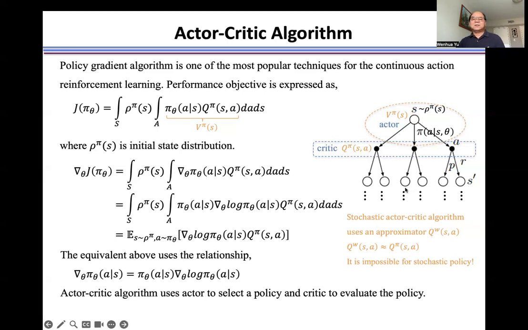However, the condition is too strict, so it's not really an actor critic method we want to use. That's why we change to another way.